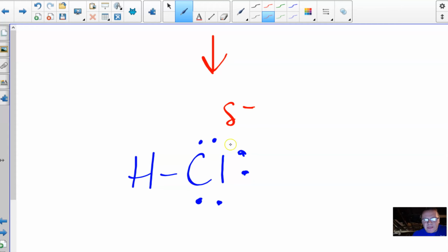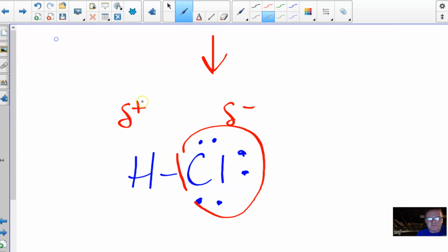So it gives that end of the molecule a partial negative charge. Hopefully that's intuitive and logical, because you've got so many negative particles over there, all those electrons. With all of the negative electrons being shifted over there, that by nature gives a partial positive charge to the hydrogen side.